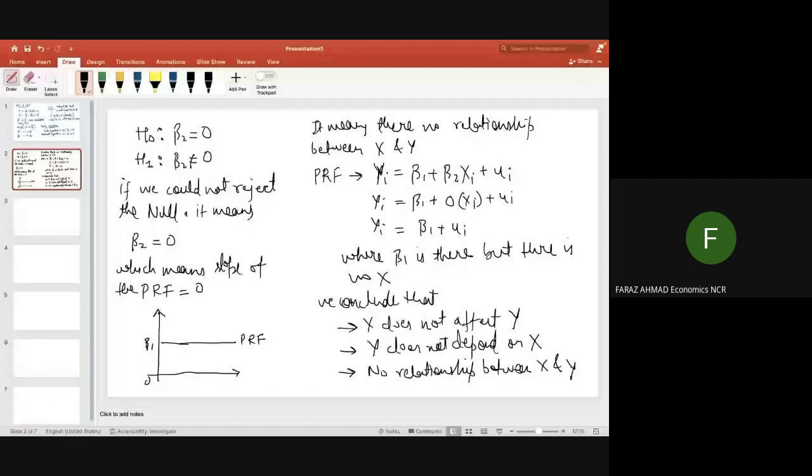So we got this sort of conclusion if we could not reject the null. Now think about, why are you doing regression? You took one y, you took one x, and then you ran a regression, and then you found that you could not reject the null, and then you found that there is no relationship between x and y.